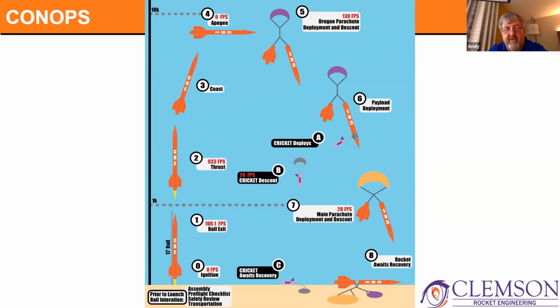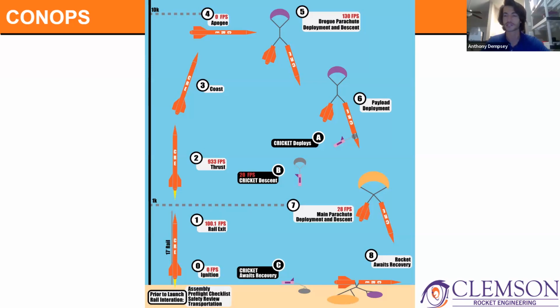So this shows the Cricket under a parachute, but I thought these were like little gliders. Yes, so we changed the design. We're not going with the NASA PCB glider design anymore. We're still partnered with them, bouncing ideas off them and working with them.